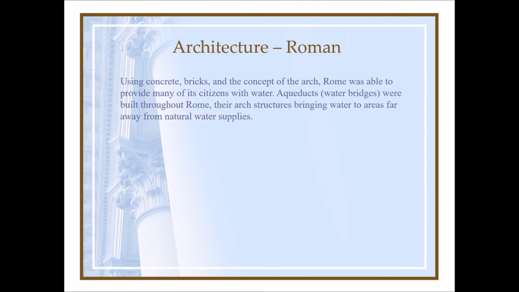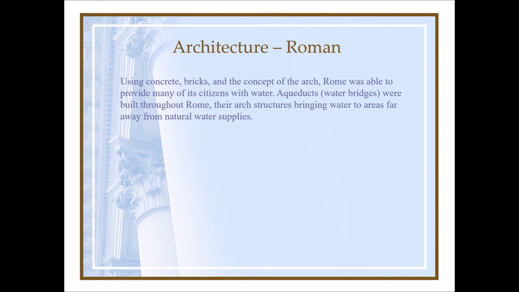Using concrete, bricks, and the concept of the arc, Rome was able to provide many of its citizens with water. Another legacy from Roman architecture is how they supplied the cities and households with water. Aqueducts, which are water bridges, were built throughout Rome. Their arc structure brought water to areas far away from natural water supplies.